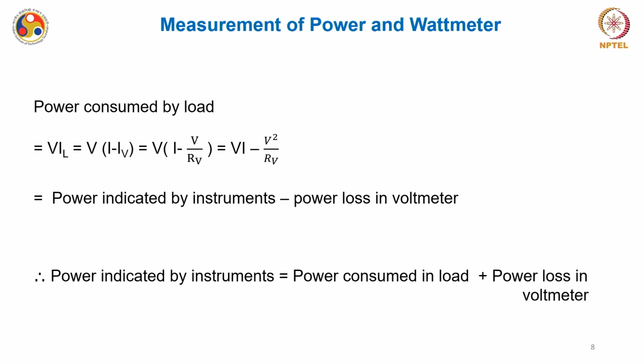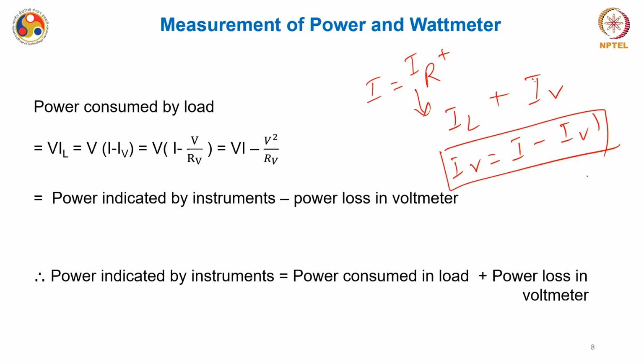Now if I calculate the power consumed by the load, this will again be equal to V into IL. For simplification we call the load current IL, and we have seen that I is equal to IL plus IV, so IL is equal to I minus IV.